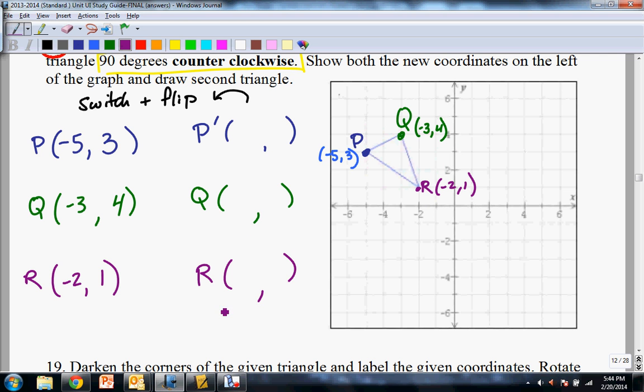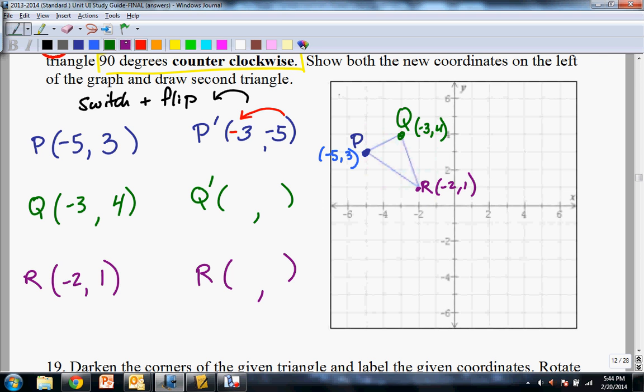I'm going to do the first one. You do the next 2. So we switch and then we flip to the left. So first we switch the order. So it's 3, negative 5. Write them just like that to switch the orders. Now I'm going to draw a counterclockwise arrow and flip the sign. So my coordinate there is negative 3, negative 5.